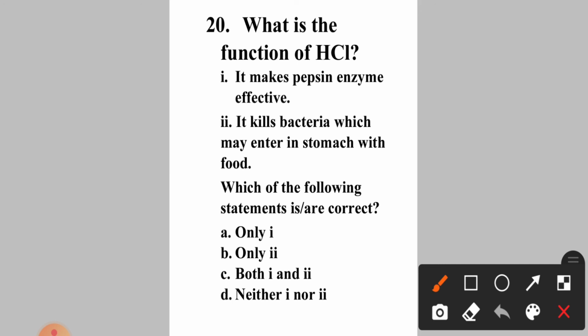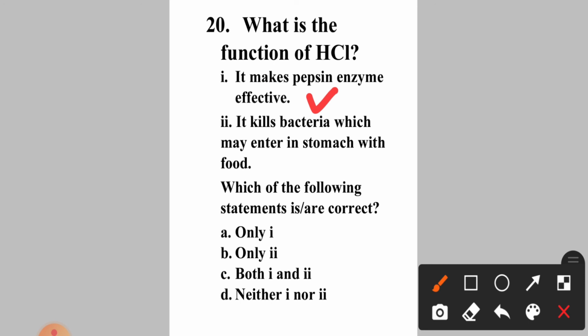Okay, so hydrochloric acid is a component of gastric juice which plays an important role in creating the pH which is required for pepsin activity. Okay, so bit 1 will be correct. Okay, now what is given in bit 2? It kills bacteria which may enter in stomach with food. Okay, so stomach lining secretes HCl.